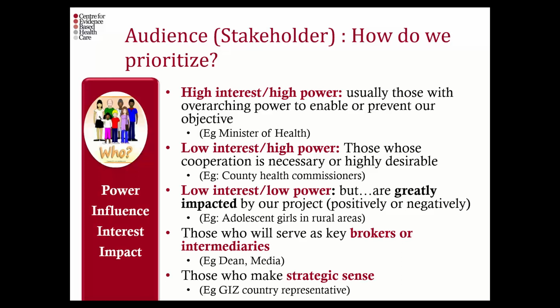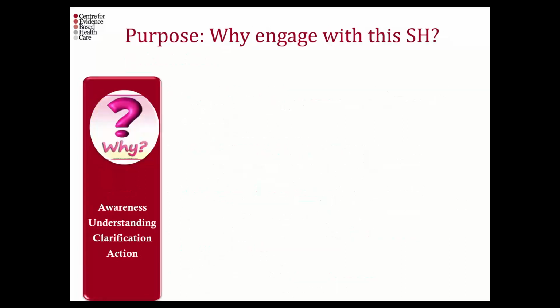Similarly, your funders or country representatives of your funders might also be strategic, prioritized stakeholders. Prioritization becomes really important because there are so many people on any stakeholder analysis, and you can't engage with them all. You have to think about what you want to achieve, and how that guides your prioritization.